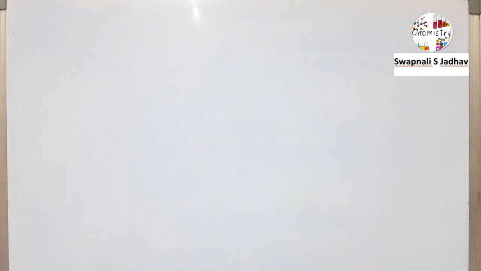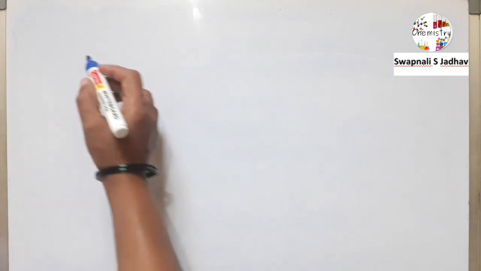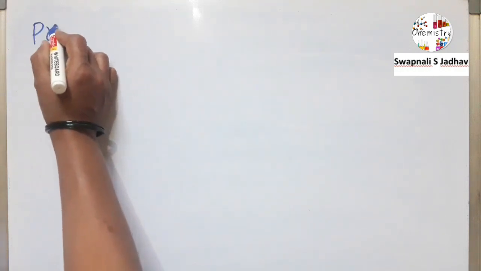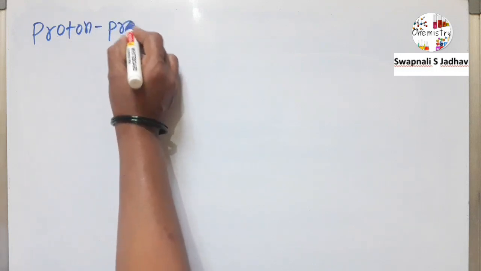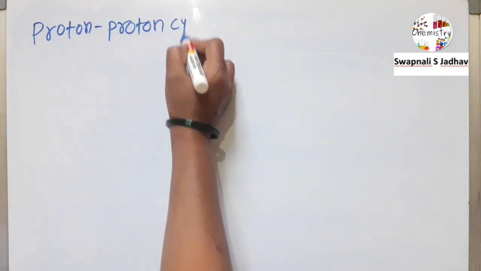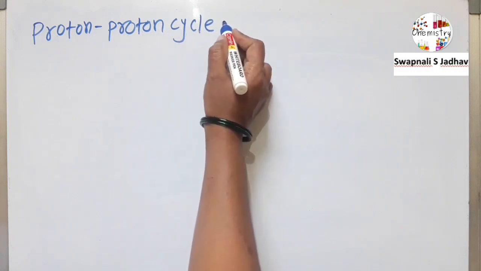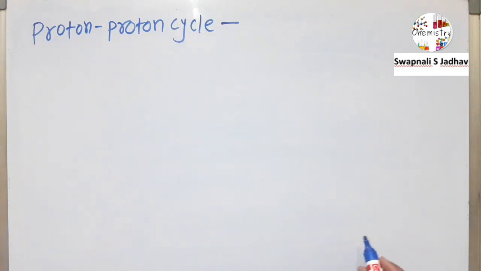In nuclear fusion reaction, we studied 2 cycles. That is proton cycle and carbon nitrogen cycle. Let us see first, that is proton cycle.